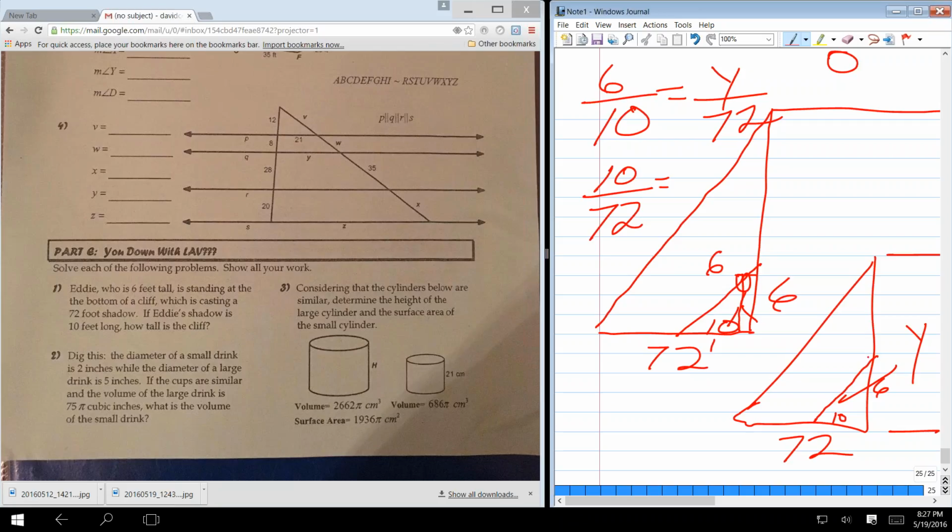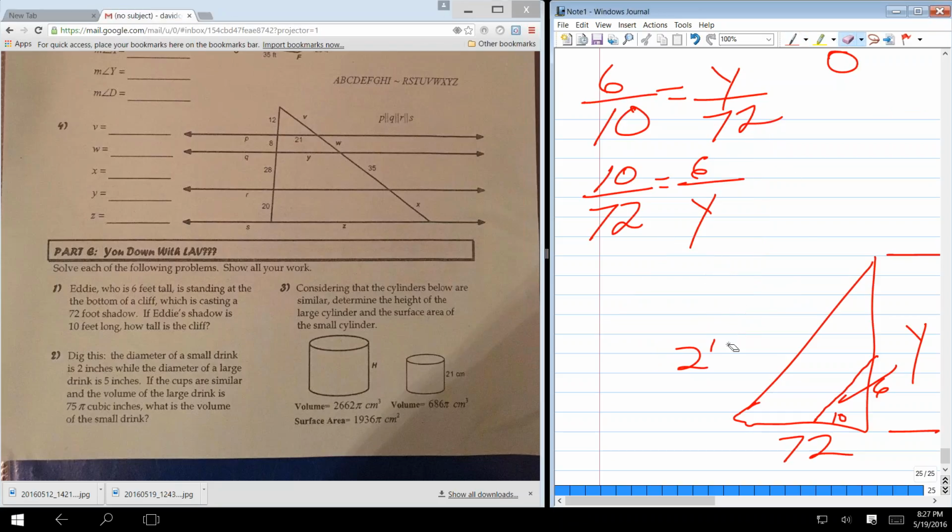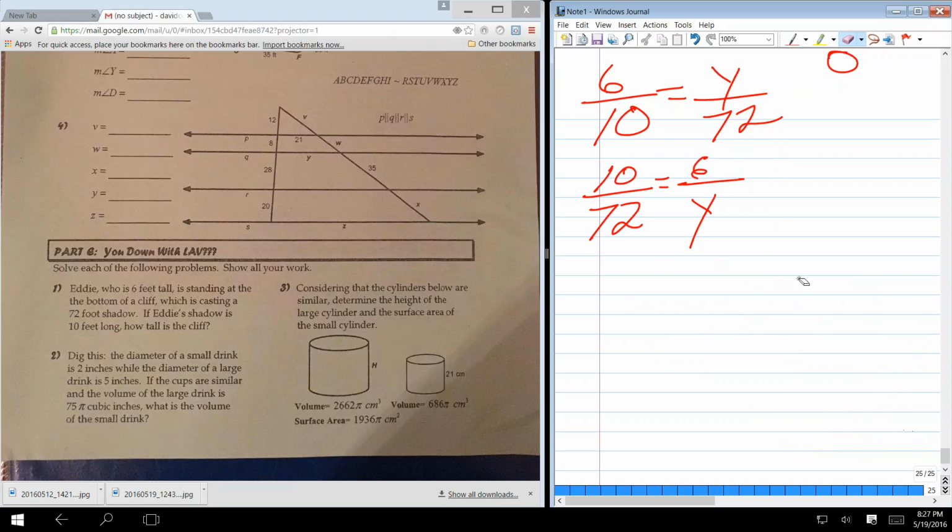It has to equal this side of the little triangle, which is 6, compared to that. And now it appears we've done two completely separate things. But look at what happens if we try to solve that. Cross multiply, you get 10y equals 6 times 72, regardless of which one you use. Exactly. And that's always the way it is with these proportions.